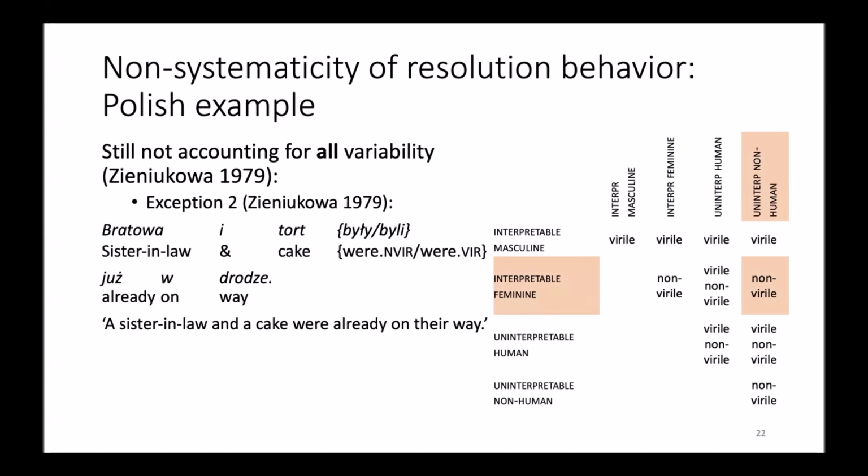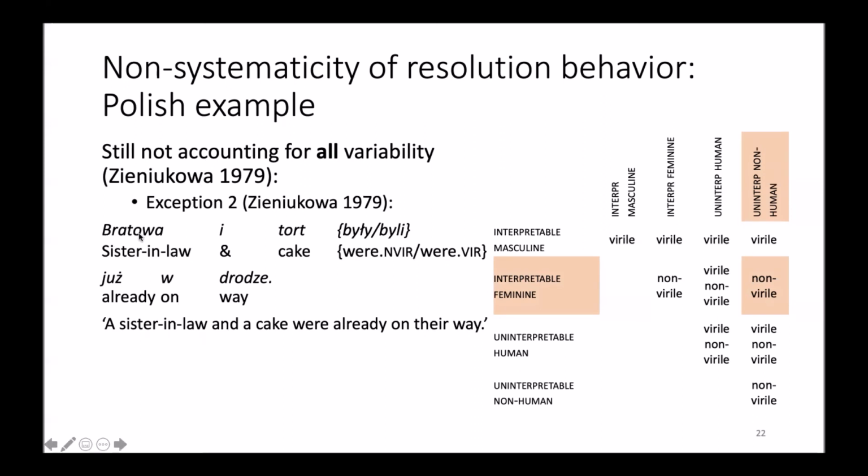So we see back in the literature from Lyskawa from '79 a sentence that is listed as a second exception to the traditional rule of gender resolution in Polish, that the new revised proposal also does not account for. So we have a sentence, 'a sister-in-law and a cake were already on their way.'